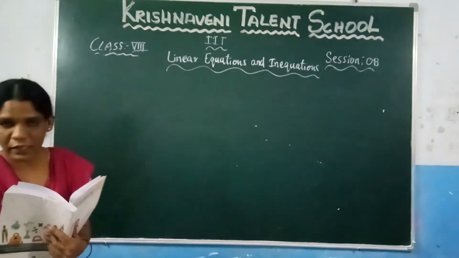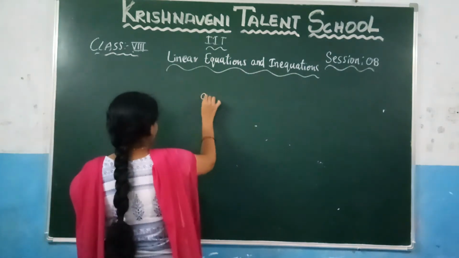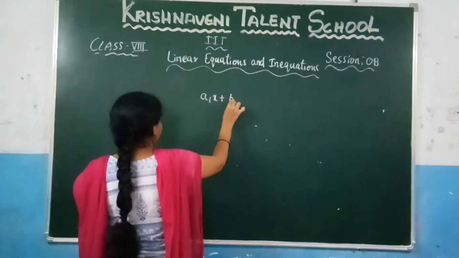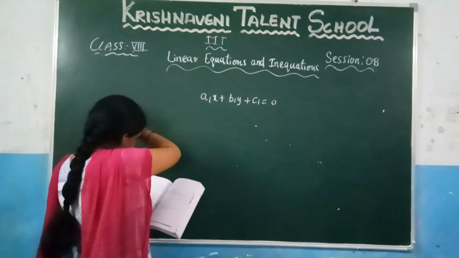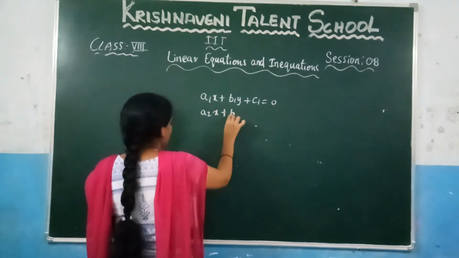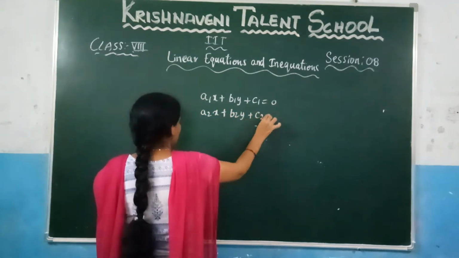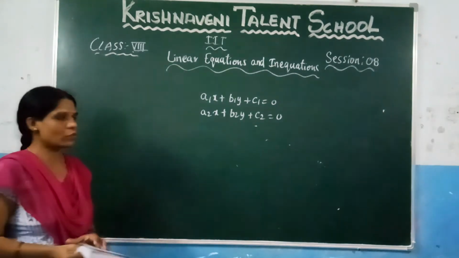Let us construct two linear equations. Let us consider the first as a1x plus b1y plus c1 is equal to 0, and the second as a2x plus b2y plus c2 is equal to 0. These are two linear equations in two variables.